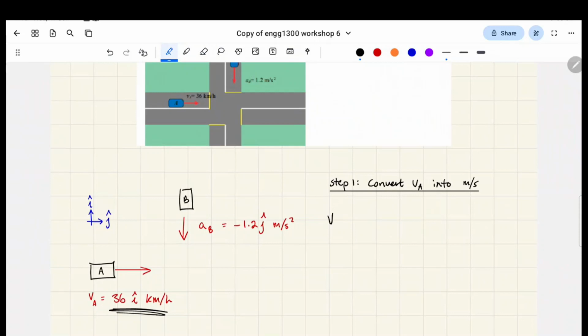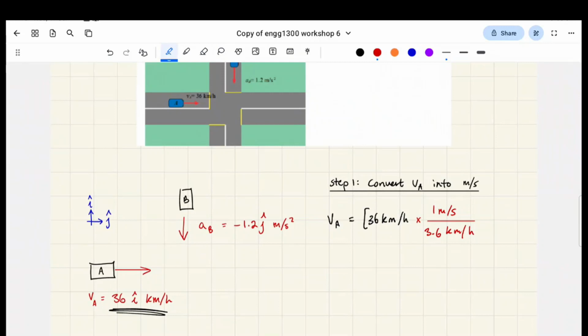So it looks like this. Here's how the conversion works. There's 1 meter per second for every 3.6 kilometers per hour.